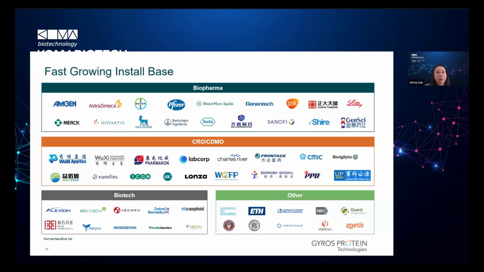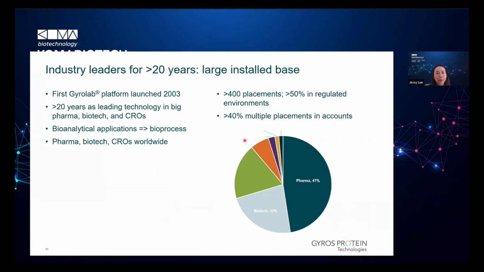As I mentioned before, we are not really a new technology in this market. We have supported lots of customers around the world for more than 20 years, and most of them are regulated labs, like clinical phase labs, CROs, and biopharma industry customers.